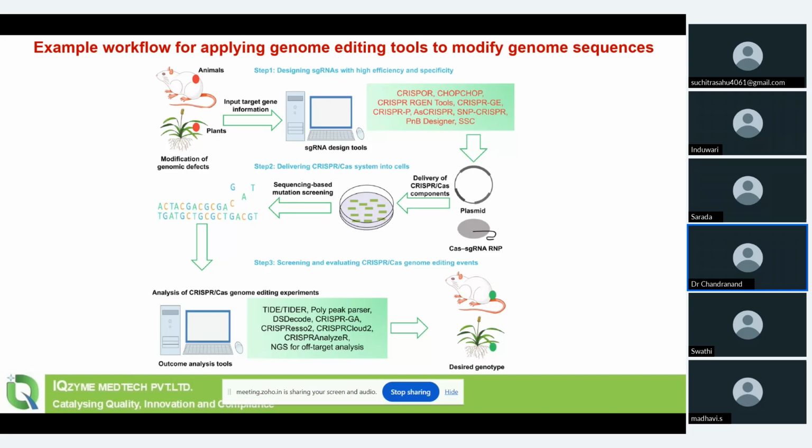I don't know how many of you have done bioinformatics hands-on gene editing or gene designing. People who have used BLAST and various types of BLAST for protein sequences understand what I'm trying to say.